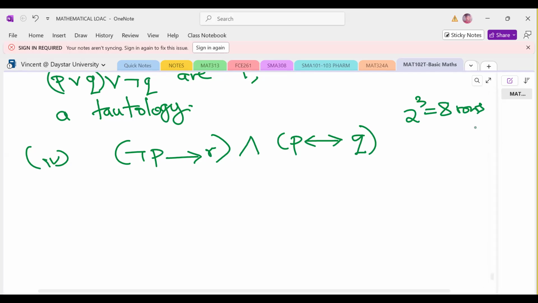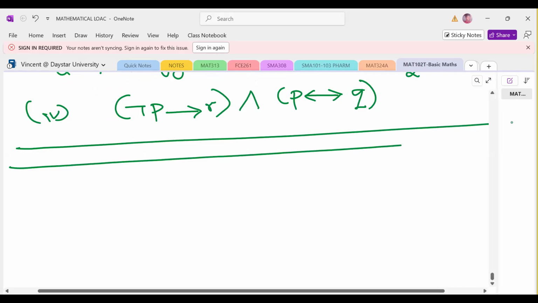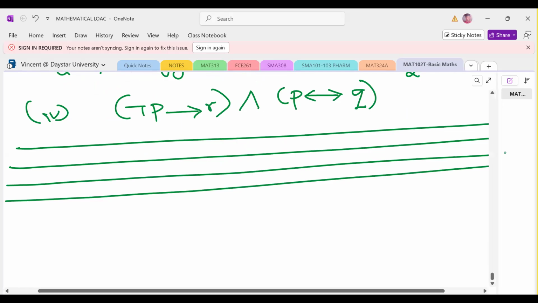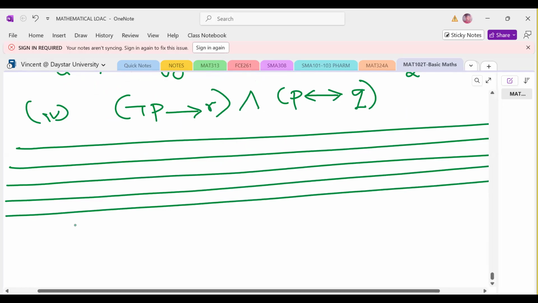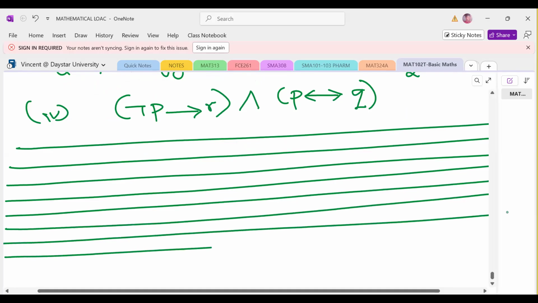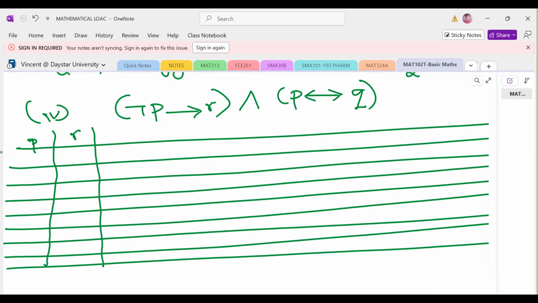So let me do this. So this is the P. Then I have R. Then I have Q. Then the next column, I will define which statement?